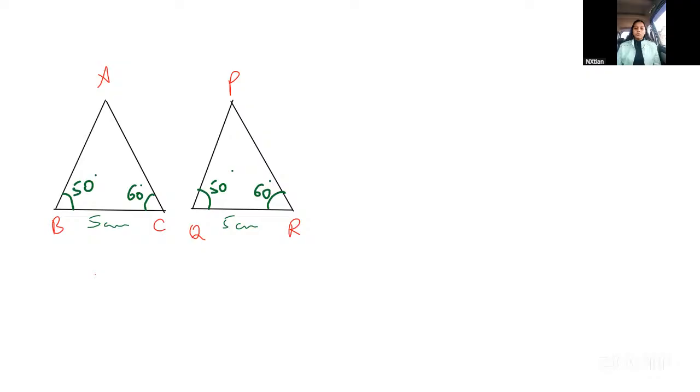So what is the main thing? One side, two angles. What two angles? Those two angles which are formed on that side. On BC I'm taking angle B and angle C; on QR I'm taking angle Q and angle R. Understood or not?